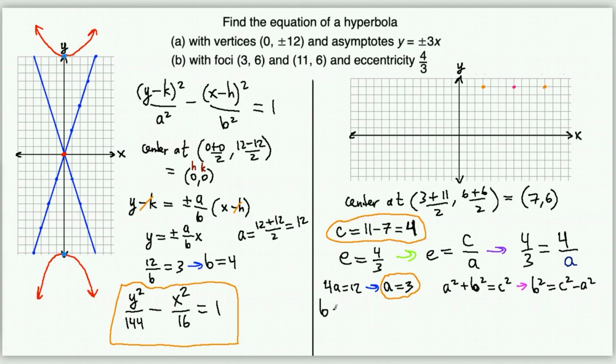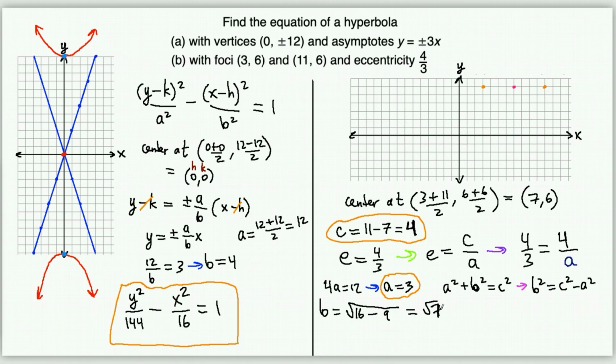So that means b is equal to the square root of c squared minus a squared. And b is positive. That's why we don't have plus or minus. We just have the plus, right? b is only positive. So c squared minus a squared. What is c? c is 4. 4 squared is 16, minus a squared. a is 3, so squaring it is 9. So that means we get radical 7.